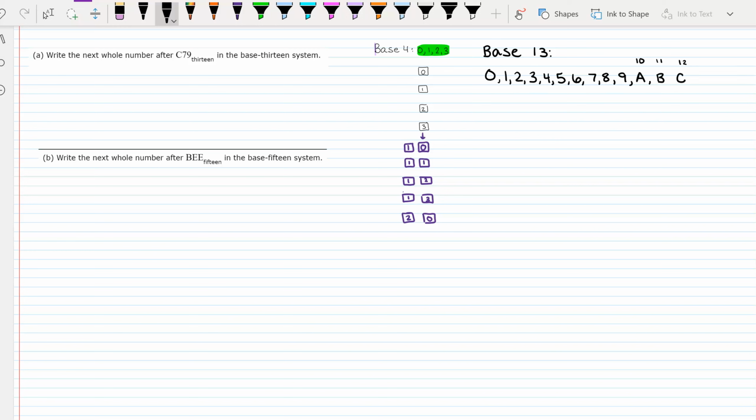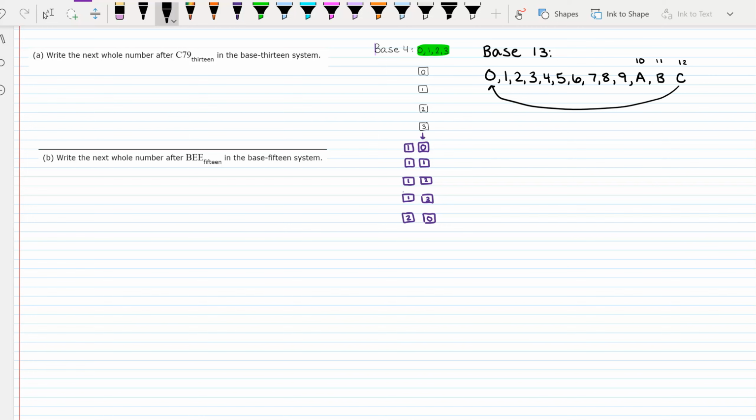So if I was doing an odometer for base 13, I would have 0, then 1, 2, 3, 4, 5, 6, 7, 8, 9, A, B, C. And then if I wanted to go one more digit, I'd have to roll the C over back to 0, and I'd have to introduce a place value to the left.